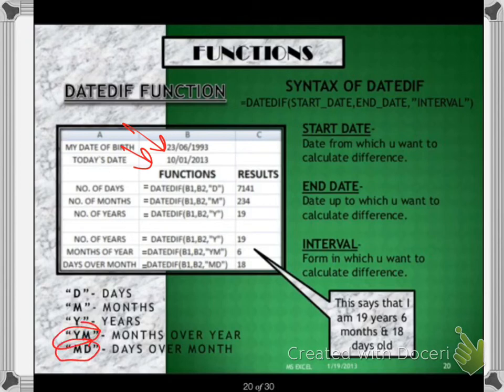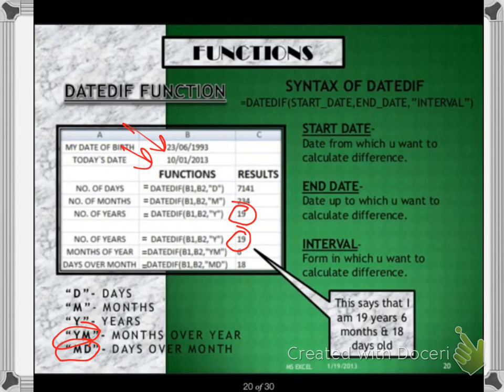Now see, same data, B1 comma B2, Y, 19 years, this remains the same. Months of a year, how many months past a year? So YM: 19 years, 6 months and 18 days old. So how old are you? 19 years, 6 months and 18 days old.